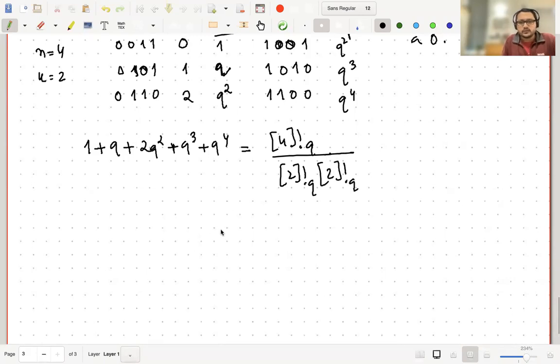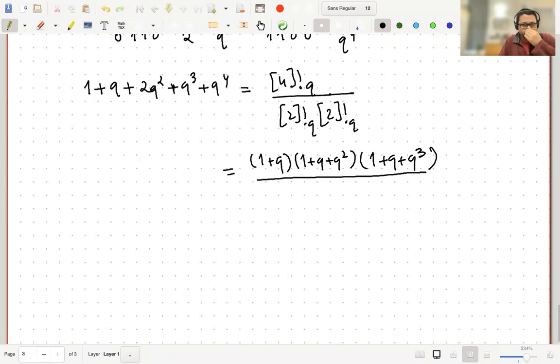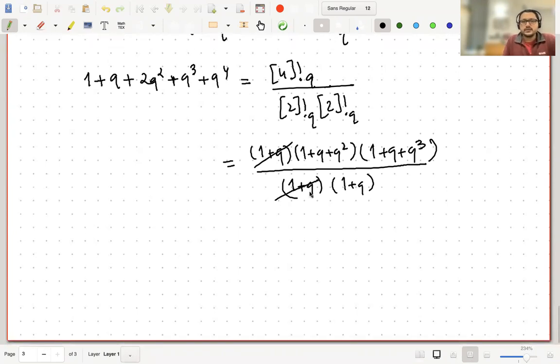Okay, so let's do it. 1 plus q, 1 plus q plus q square, 1 plus q plus q cube, and then I have 1 plus q, 1 plus q. So this 1 plus q and 1 plus q get cancelled.